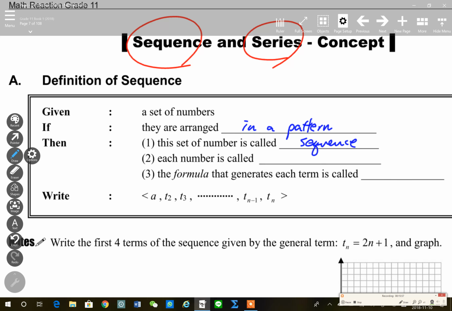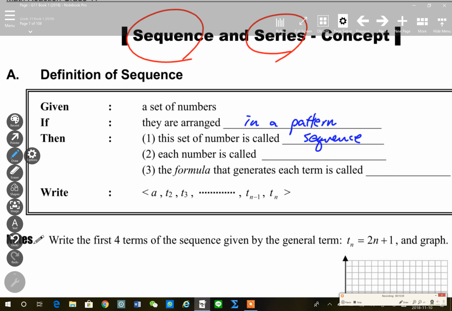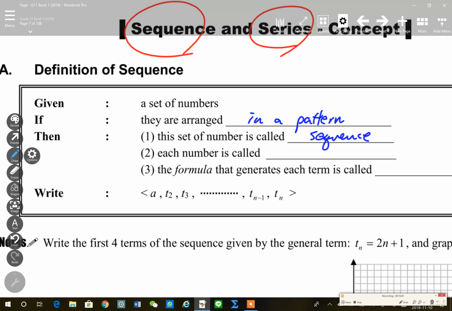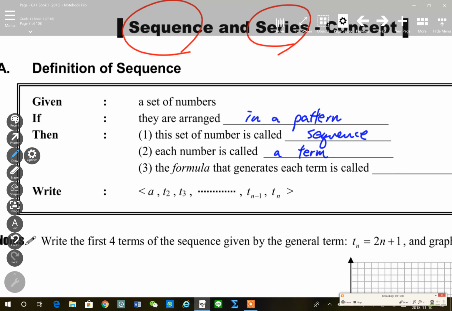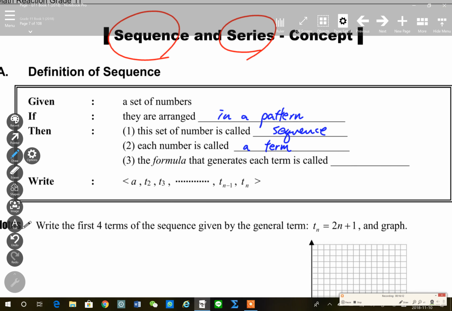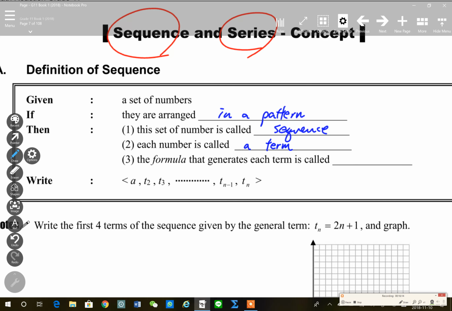Each number is called a term. For example, first term, third term. And the formula that can generate the term, right? Because it has a pattern, we should have a formula that can find any term.